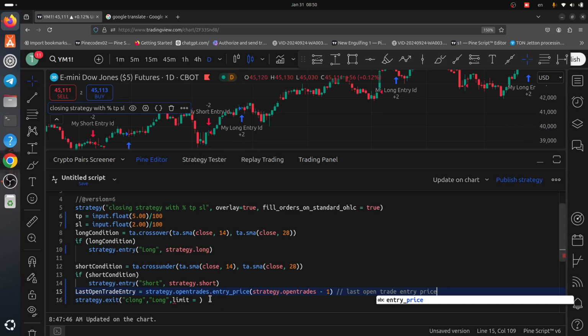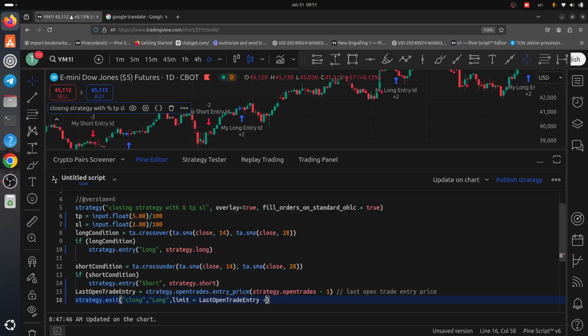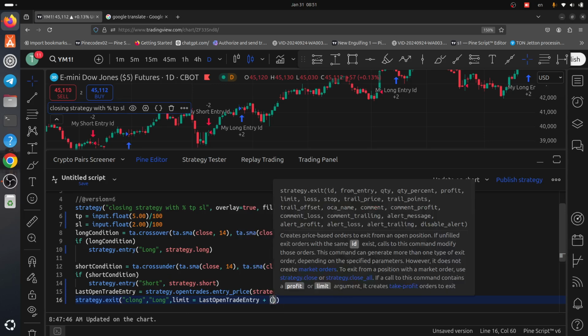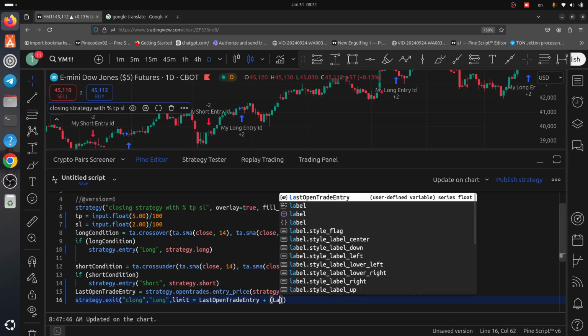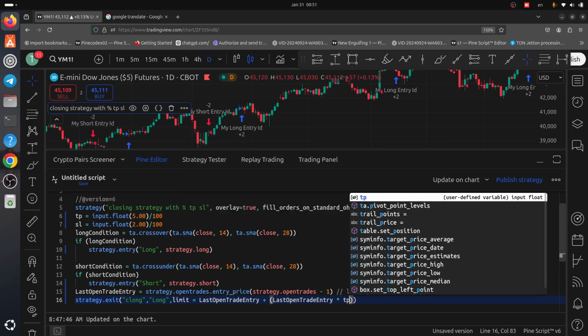Okay, so we write last open trade entry plus, because we use long, we want to close a long position, so last open trade entry plus last open trade entry multiplied by TP.